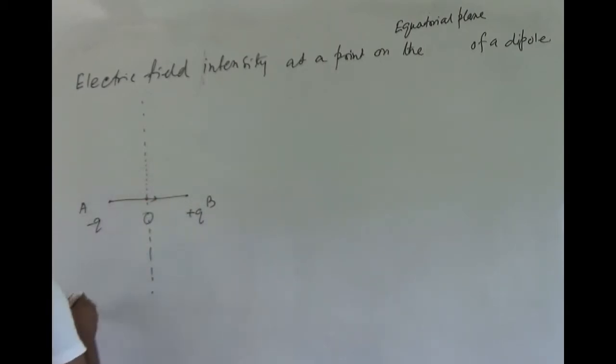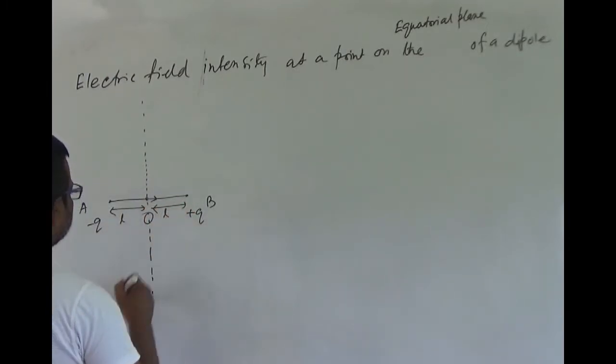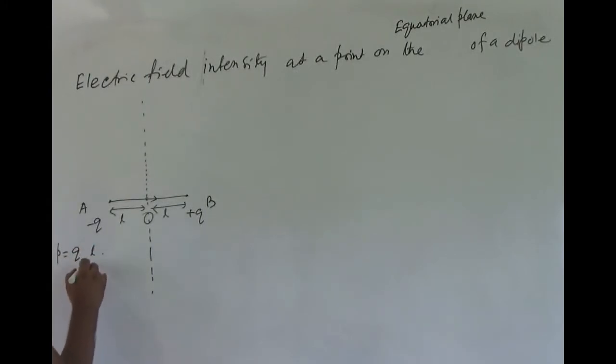This is the P vector, right? This length is L. This length is also L. P is again Q into 2L and along AB.